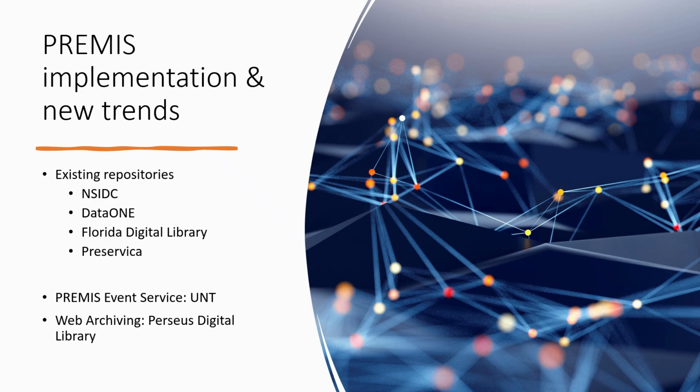And they were generally successful, but because they had so many live users and so much existing data in their system, this was no small feat. They found that they were able to reach level 2 conformance, as in export as PREMIS, but not level 3 conformance to PREMIS.